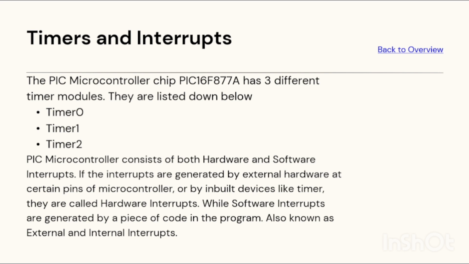If the interrupts are generated by external hardware at certain pins of the microcontroller or by inbuilt devices like a timer, they are called hardware interrupts. While software interrupts are generated by a piece of code in a program, also known as external and internal interrupts.